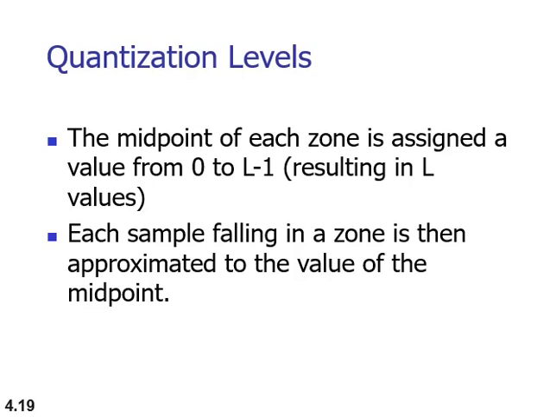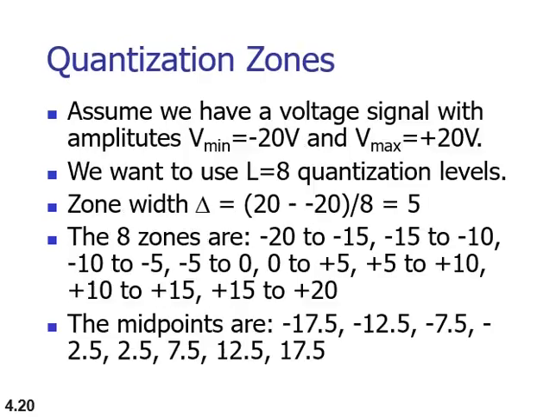So let's assume a voltage signal with V minimum as -20 and V maximum as +20, and we want to use L, the number of levels, as 8 quantization levels. The maximum height, or the delta, also known as the zone width, is nothing but the range divided by the levels.